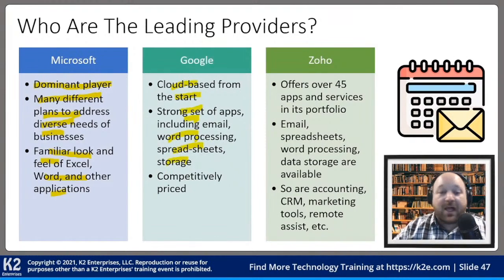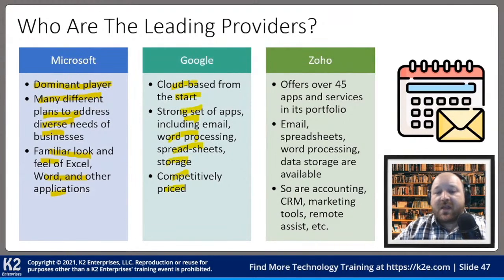But it's all cloud-based. So if you're looking for an organization that's trying to minimize or eliminate any sort of installable applications and run everything through the browser, Google's definitely going to be the option for you. It's also very competitively priced at anywhere from $6 to $30 per user. And that price varies based on a couple of features as well as the amount of document storage you would expect to use.